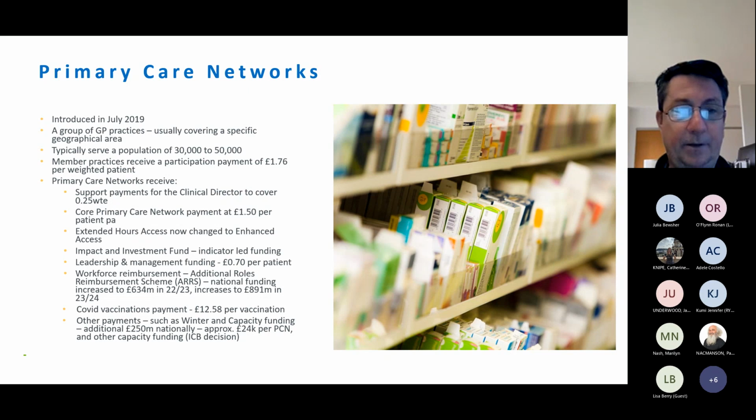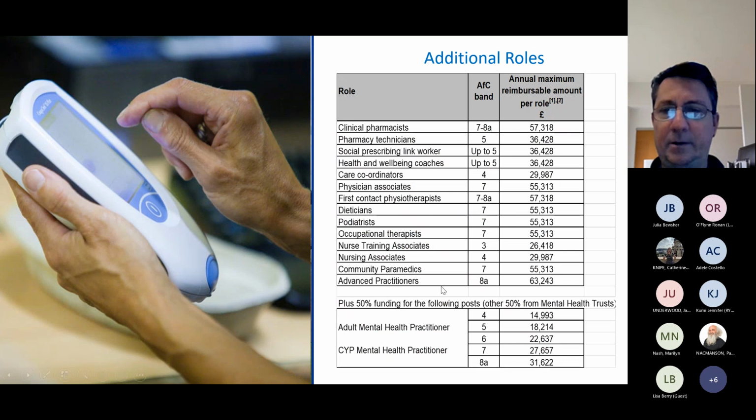So just to let you know what these additional roles reimbursements are, these are the main additional roles that can be employed by the PCN. You can have clinical pharmacists, pharmacy technicians, social prescribing link workers, health and wellbeing coaches, care coordinators, physician associates, first contact physiotherapists, dietitians, podiatrists, OTs, etc. We've got paramedics in there, that came in this year.